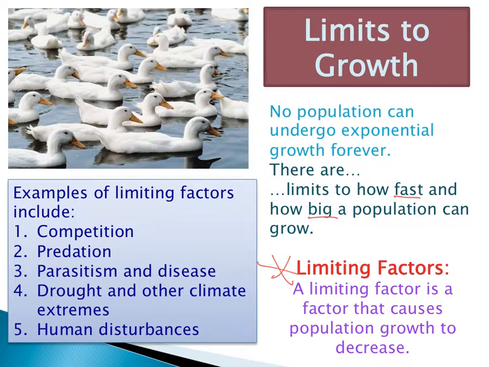A limiting factor is just any factor that causes a population growth to decrease. And some of these limiting factors are competition, predation, parasitism, disease, drought and other climatic extremes, and of course human disturbances, the things that we introduce into that population.